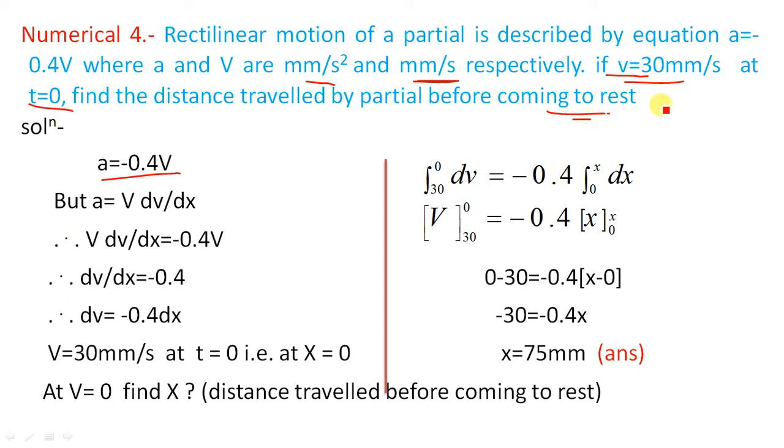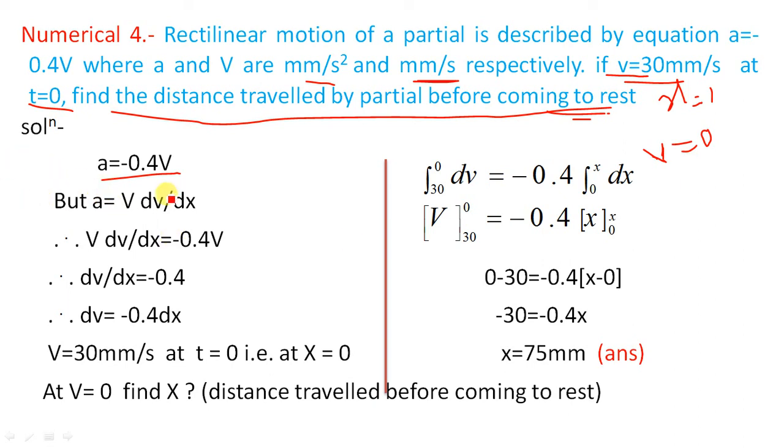So we have to find out the displacement x when v is equal to 0. From this condition, find the distance traveled by the particle before coming to rest. X or s we have to find out when v is equal to 0.